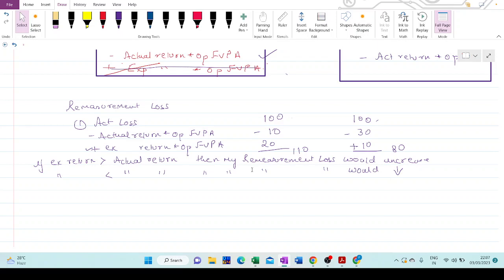And when I say pension plan is settled, what I mean is that all pension benefits owed to the plan participants have been paid out, and the pension plan is no longer active, it has been terminated. So these remeasurement losses or gains sit in the OCI till the pension plan is settled. They are not amortized, right?